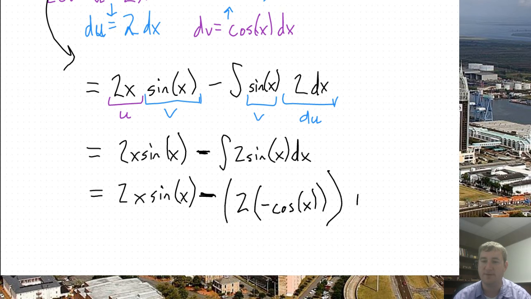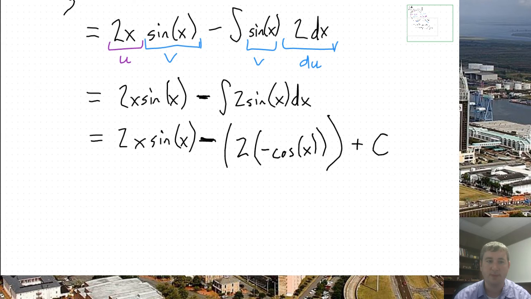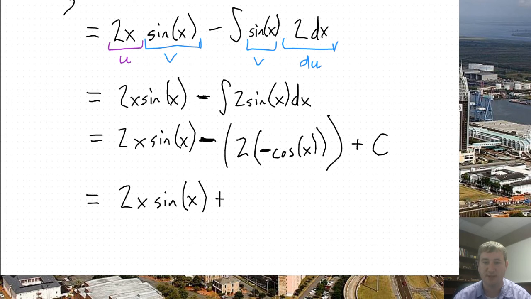And then since I'm done taking the integrals, I'll add my plus c now. And all that is left for me to do is simplify. It gets me a 2x sine of x. I got minus a minus, so that's plus 2 times cosine of x plus c. And there's my final answer.